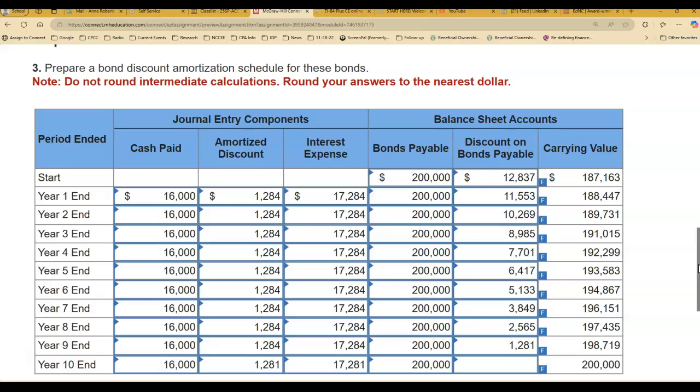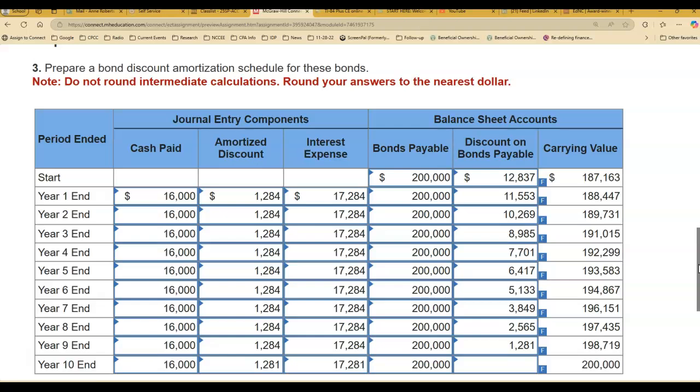Okay, we amortize the discount. So we took that $12,837. We got a 10-year bond. We're allocating $12,084 for most every year. And then notice in the last year, that's where we adjust for that little bit of over allocation in the first 9 years.